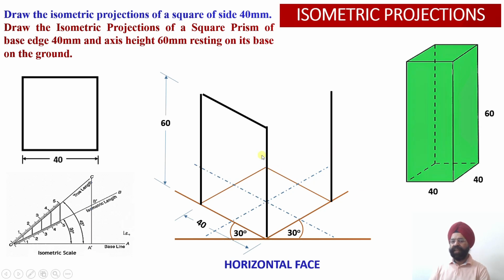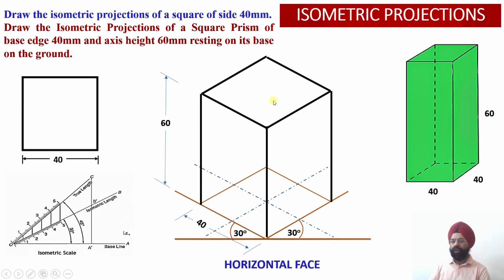So we have constructed all the three edges, and the top face, which happens to be a square, will be visible to the observer. So there will be no hidden line over here. We are going to draw all four edges of the square on the top face of the square prism, all darkened using the object line.